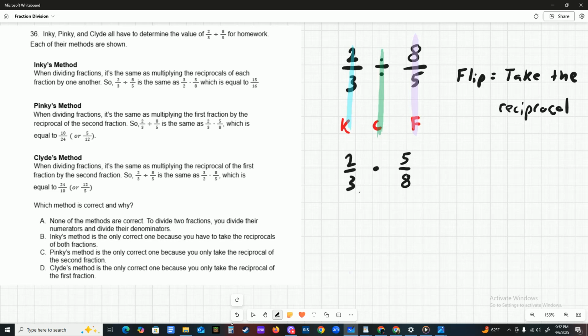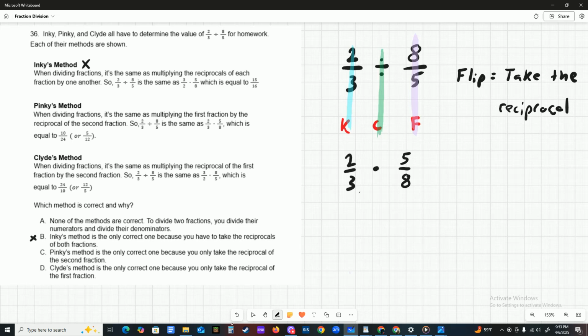It is only multiplying the reciprocal of the second fraction. Notice I didn't take the reciprocal of the first fraction. That's what the K is. You keep the first fraction. So we know that Inky is already wrong. Oh, it looks like it's B. Nope. We know Inky is wrong.